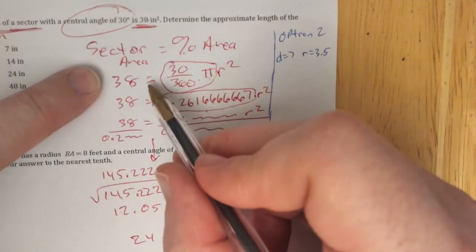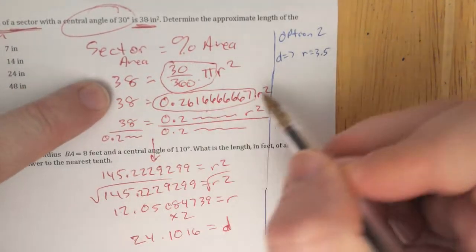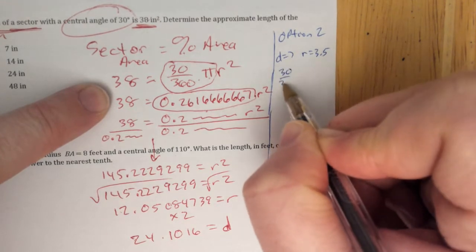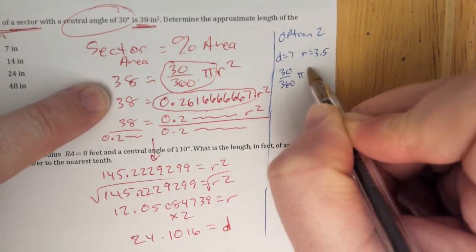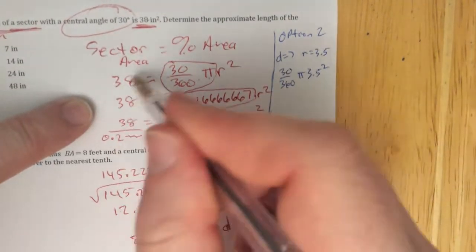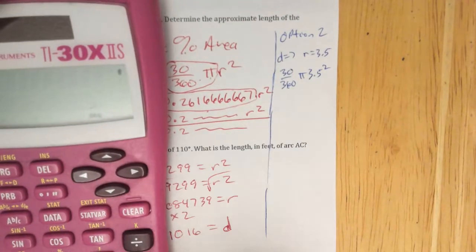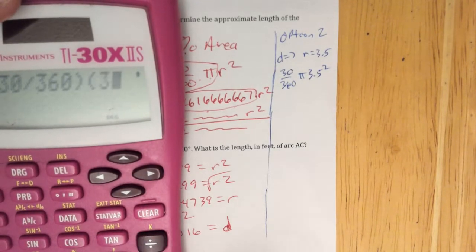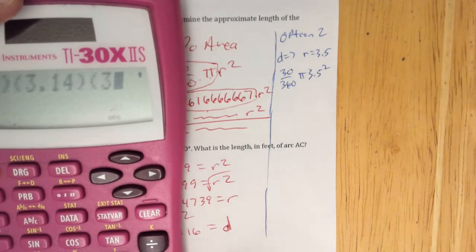And just plug it into the equation. See if it pops out as 38. So that would be 30 over 360 pi 3.5 squared. If it pops out as 38, you know that you're correct. So let's see. So 30 divided by 360 times 3.14 times 3.5 squared.